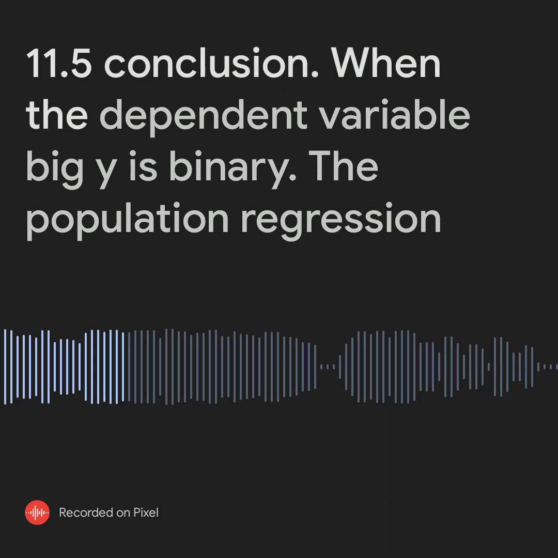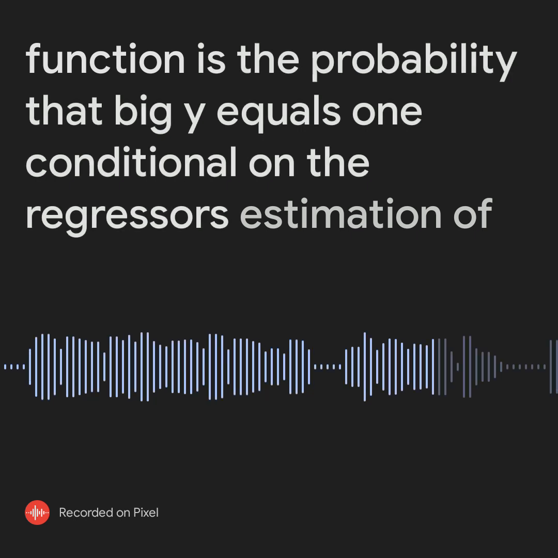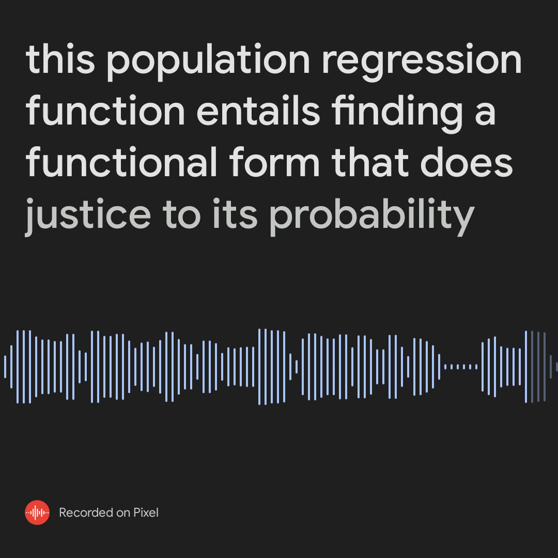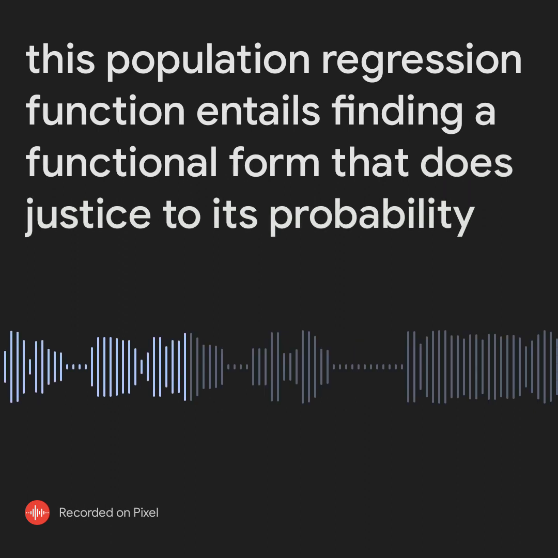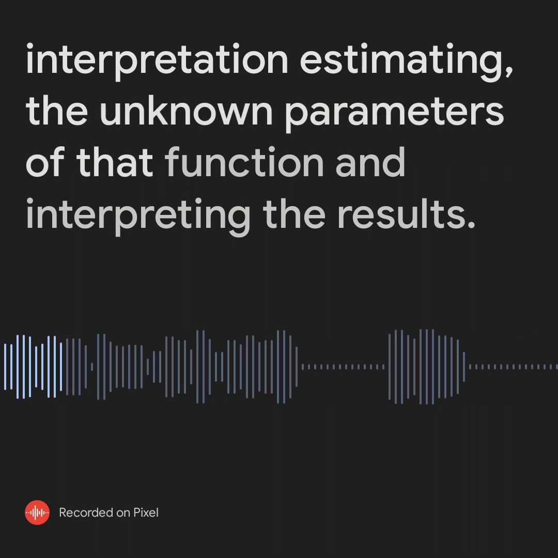11.5 conclusion. When the dependent variable big Y is binary, the population regression function is the probability that big Y equals 1, conditional on the regressors. Estimation of this population regression function entails finding a functional form that does justice to its probability interpretation, estimating the unknown parameters of that function, and interpreting the results.